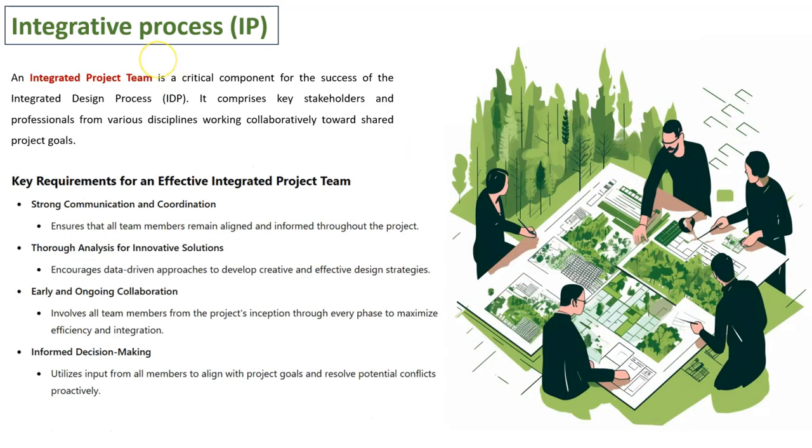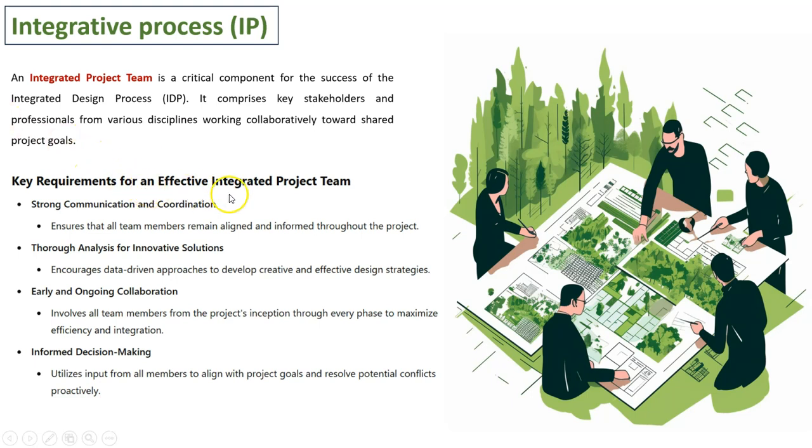Second principle is project team, integrated project team. Which means the human resources. It's a critical component for the success of the integrated project, integrated design process. It comprises key stakeholders and professionals from various disciplines working collaboratively toward shared project goals. So this is the moment where people seek LEED GA or LEED AP certified professionals as part of the team, right?